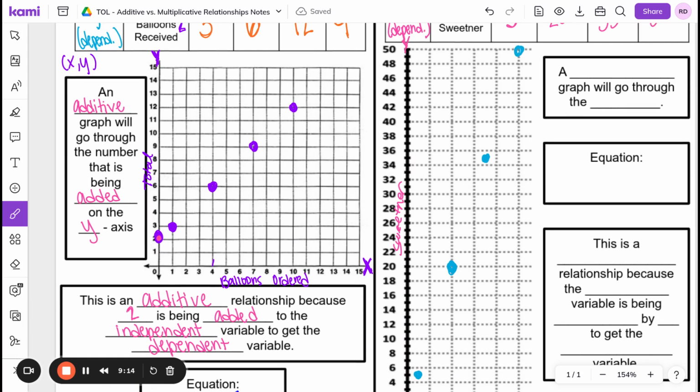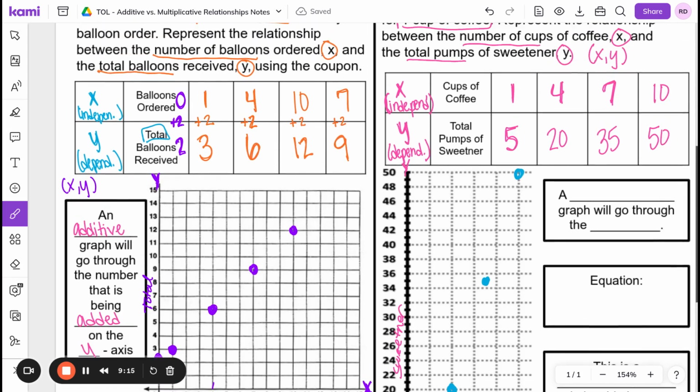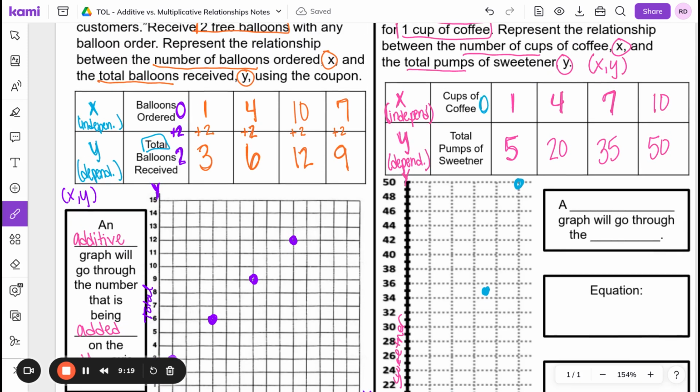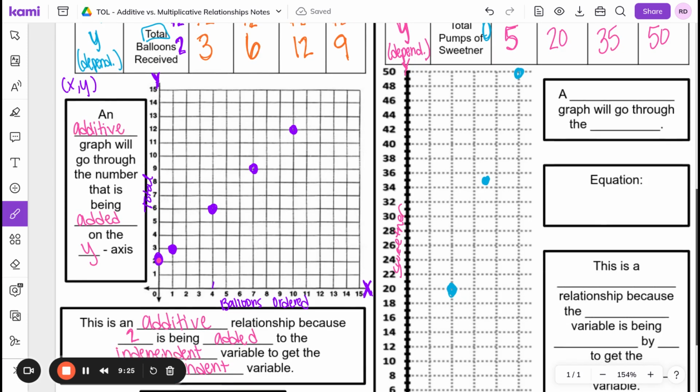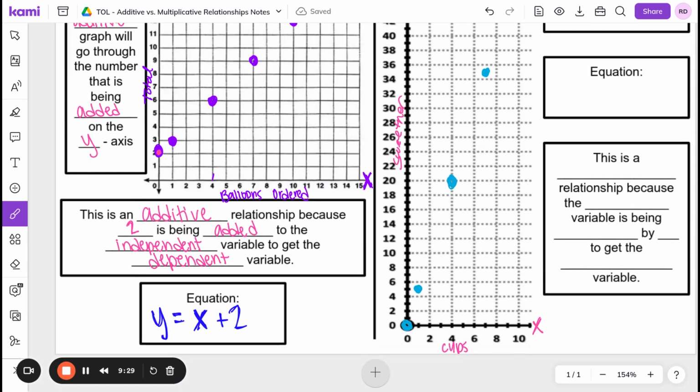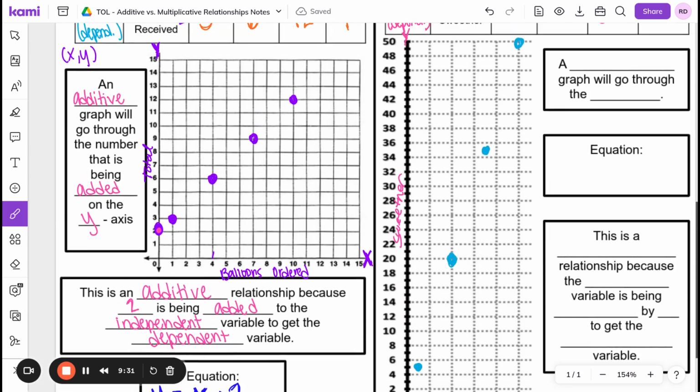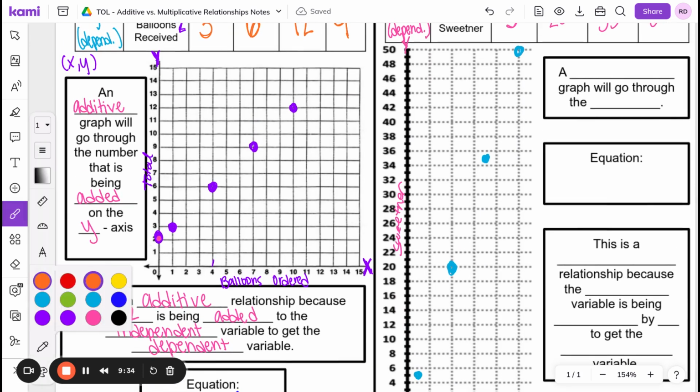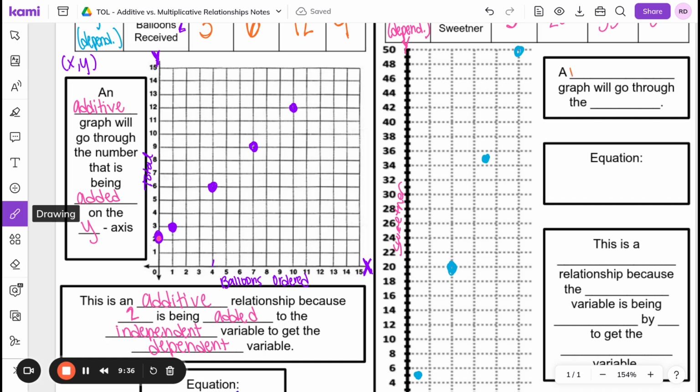Now, in this situation, we're multiplying. So thinking back, if we have 0 times 5, that's going to equal 0. So whenever you have a multiplicative graph, it's going to start at the origin. A multiplicative graph will always go through the origin, which is that point 0, 0.